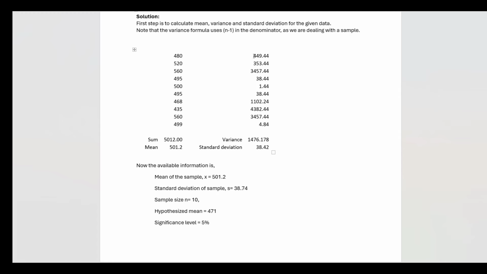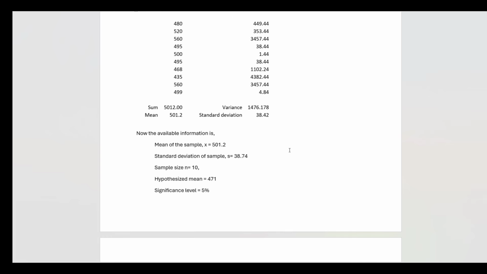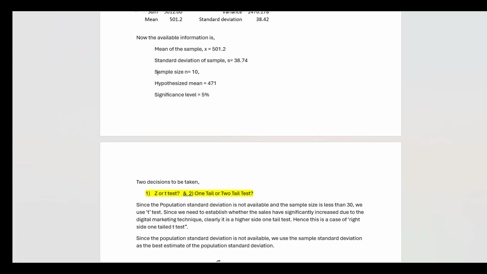Then you add these values and you calculate divided by n minus 1, that is 9, and you will get variance of 1476.178, and the square root of that is 38.42.